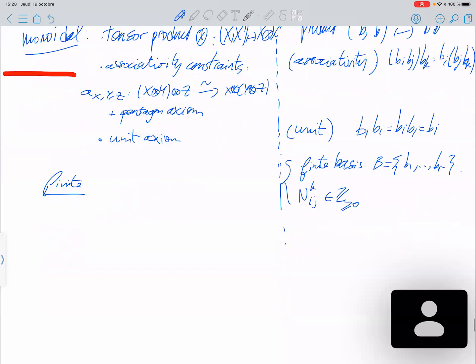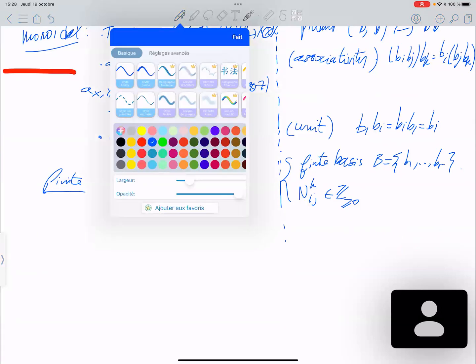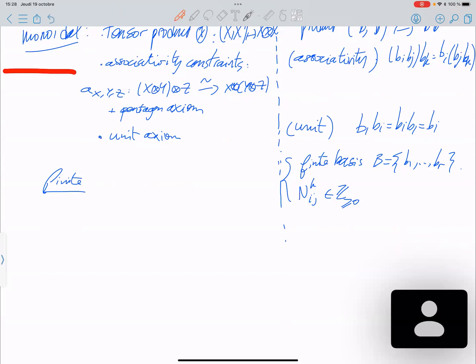This corresponds to the finite dimension of the Hom space Hom_C(x_i tensor x_j, x_k).